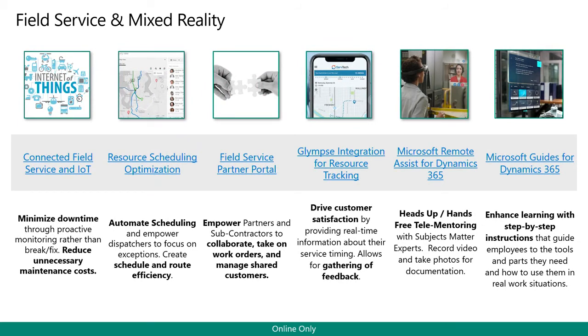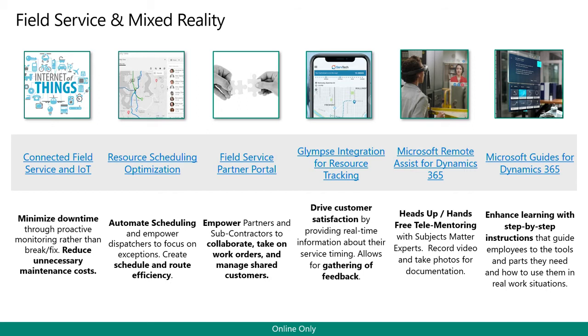Of course, with field service, you get cutting edge solutions to help you be the thought and service leader and lead the trends instead of just adapting to them. So with connected field service and IoT, you can reduce unnecessary maintenance costs. Resource scheduling optimization. We have a lot of interesting sessions throughout the day today and tomorrow that allow you to take a deeper look at what resource scheduling optimization is all about and how it can help you with route efficiency.